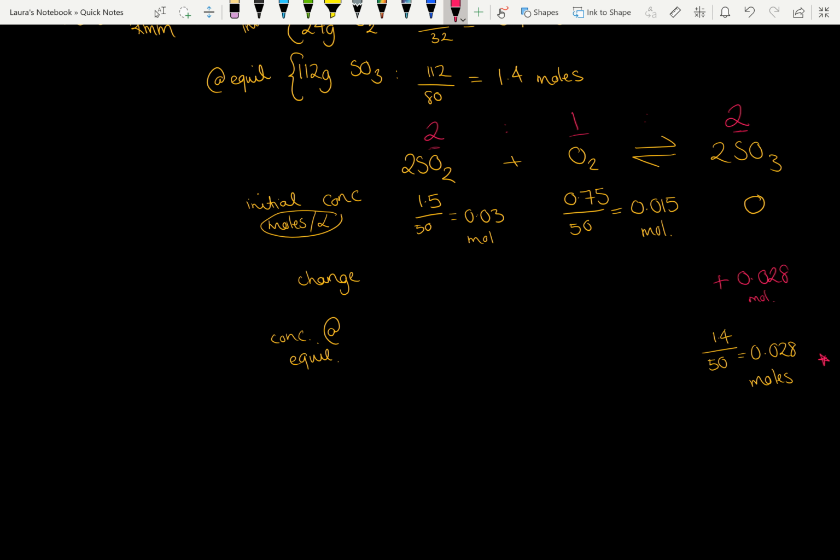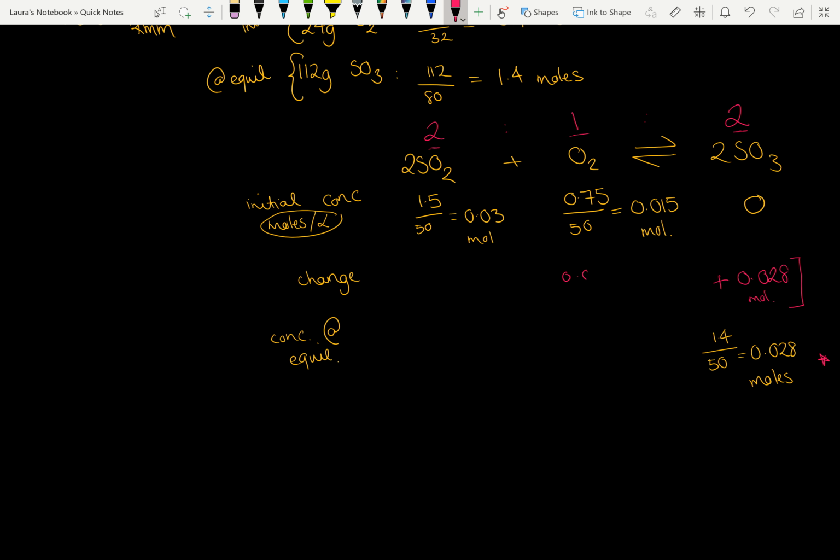So we need to take that into account when we're figuring out the change in the number of moles of our reactants, or how many moles of our reactants were converted into our products. So if we get 0.028 moles of our sulfur trioxide formed, going by this 2-to-1 ratio, the number of moles of oxygen that comes from is halved.